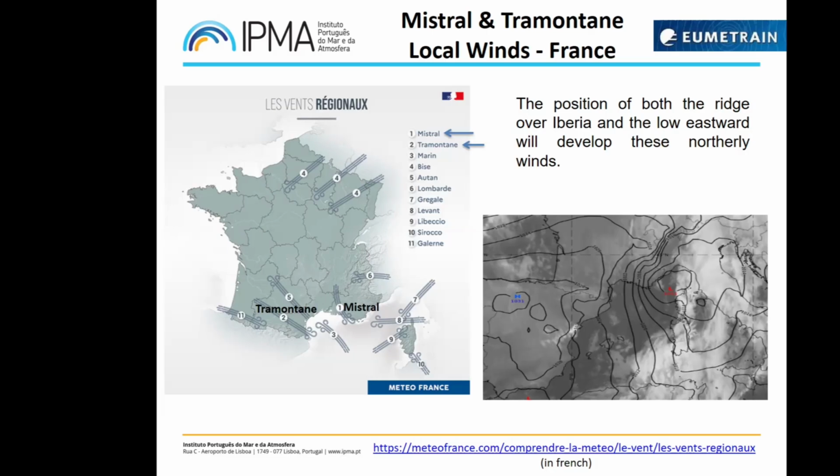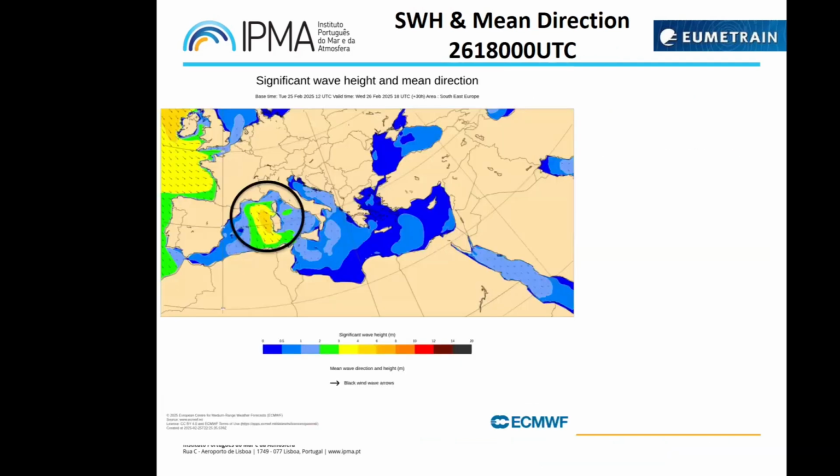And these winds are going to, in the next hours, increase the significant wave height over this area of the Mediterranean, and we can see here with the information of the ECMWF model.